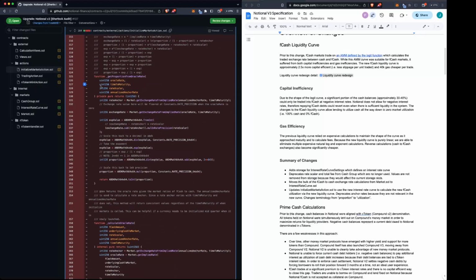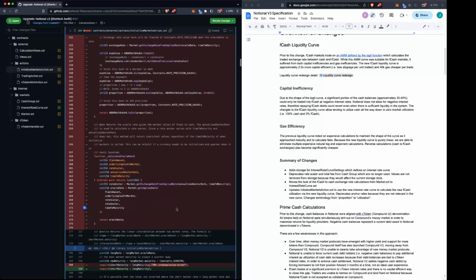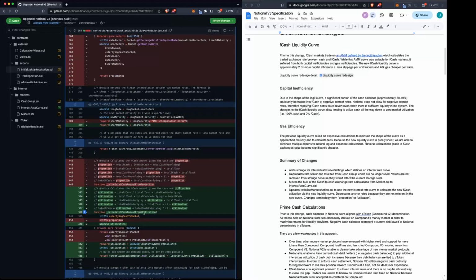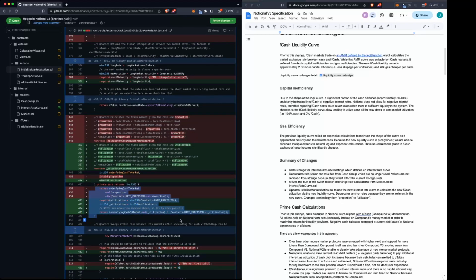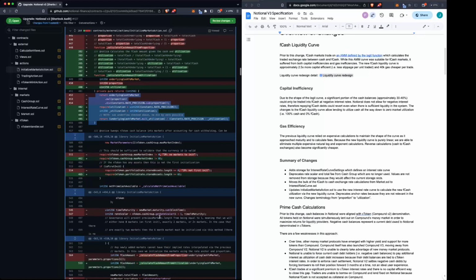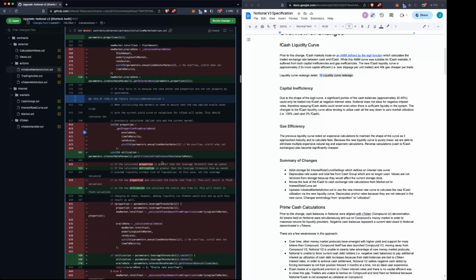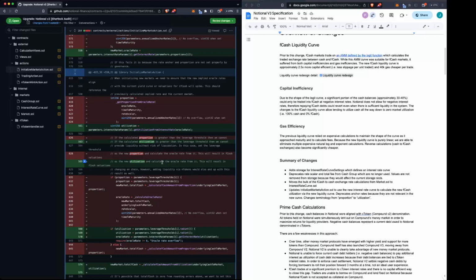And a lot of the math that was used under the old AMM curve is updated to what I think is a much simpler calculation here. Effectively what's happening is that we are looking at the new interest rate curve, and we're getting the new utilization given the interest rate that the market was at the previous quarter.